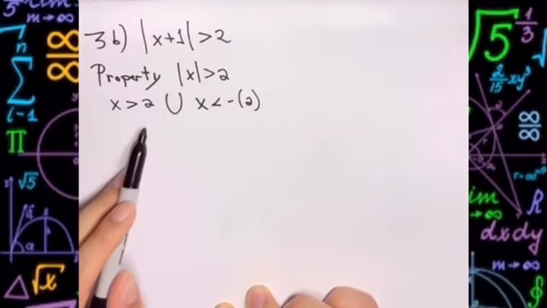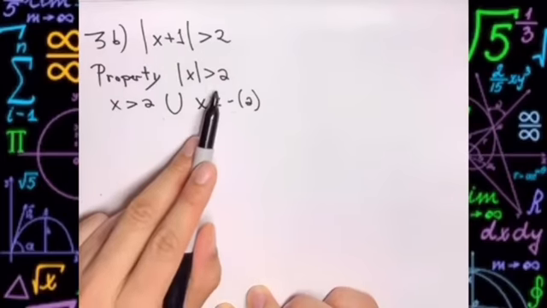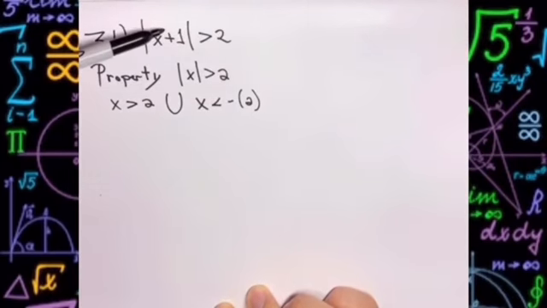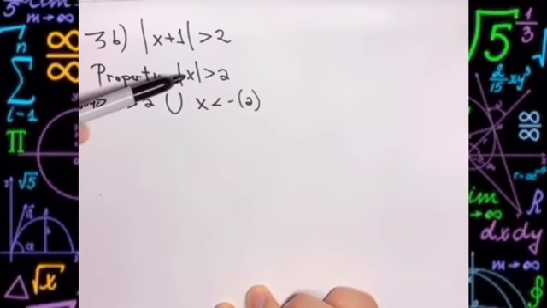So in this case, a is represented by the constant 2, and inside the absolute value we have x plus 1.